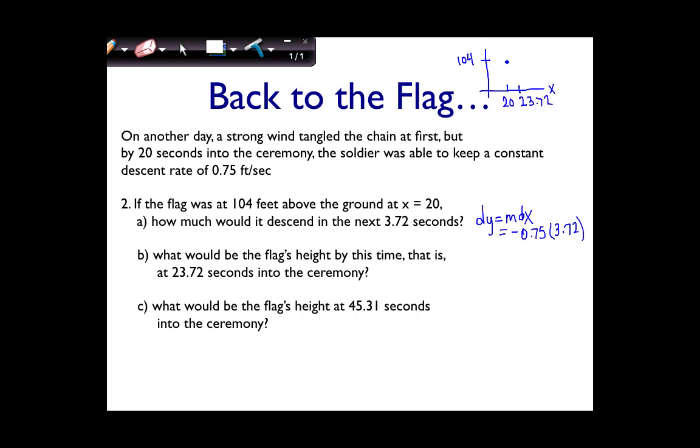Over that incremental addition to time elapsed, the height goes down by a little bit, about 2.79 feet, so the flag's height is less than it used to be. Y final is y initial plus dy, and it's the dy we just calculated, the same amount of elapsed time at the same rate. So just 104 minus 0.75 times 3.72. The height at this slightly later time we can compute, like 20-ish feet.